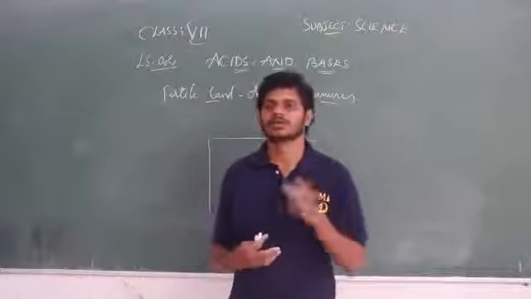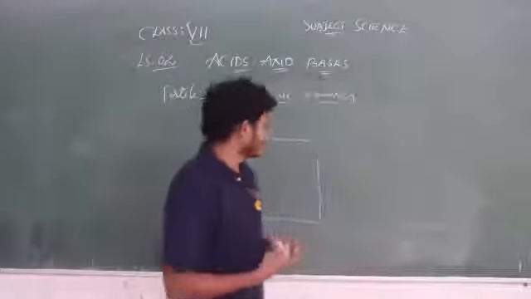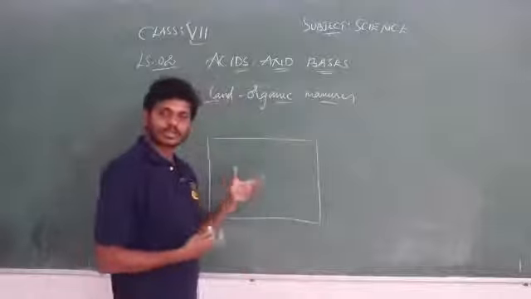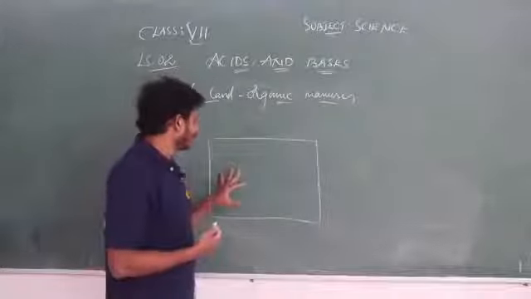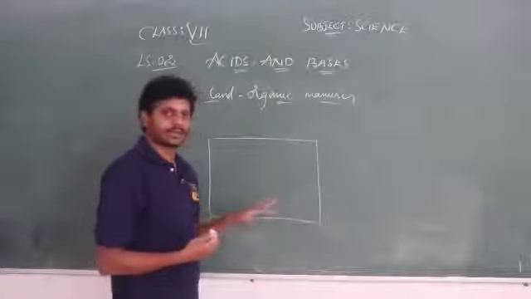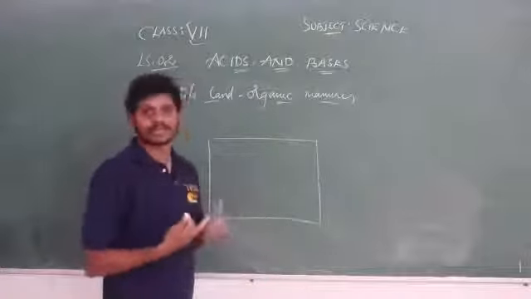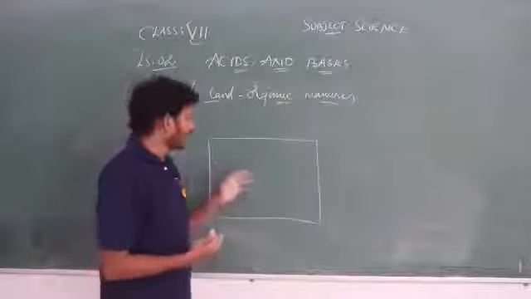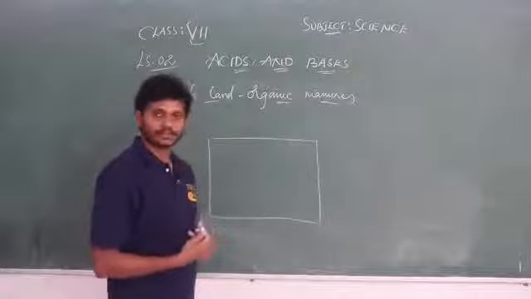It is a good manure, an organic manure. This manure obtained from plants or animals makes the soil more fertile. It doesn't increase the acidic nature or the basic nature.